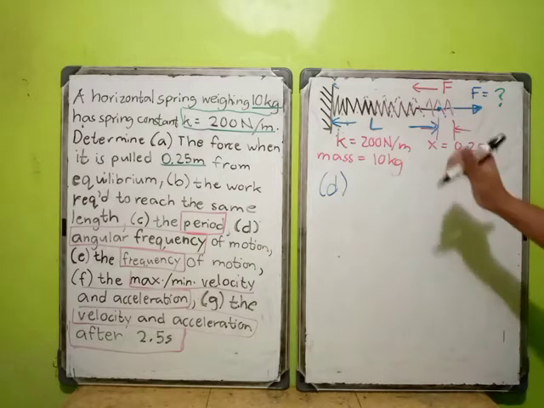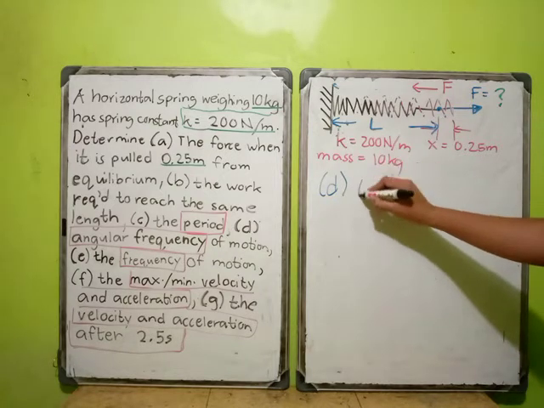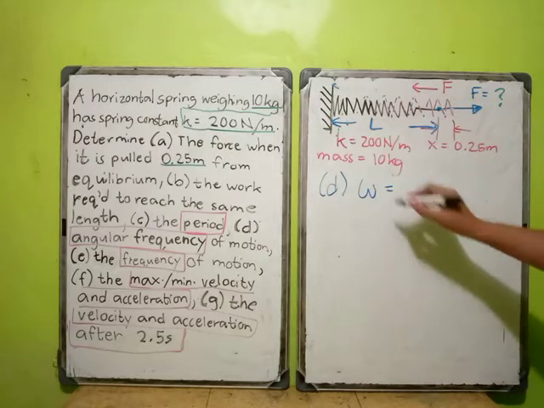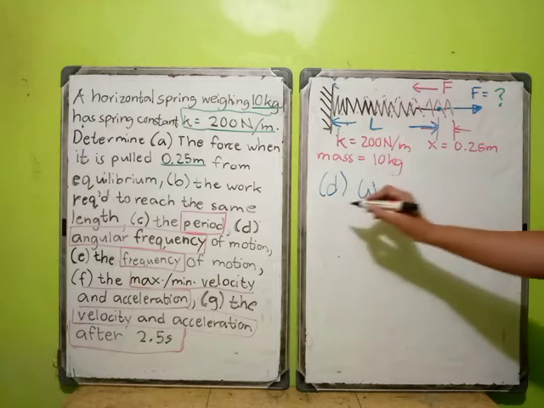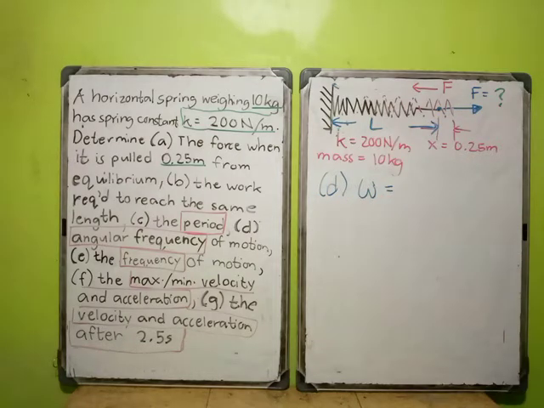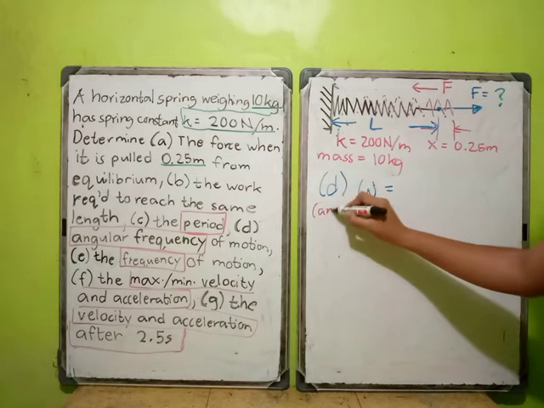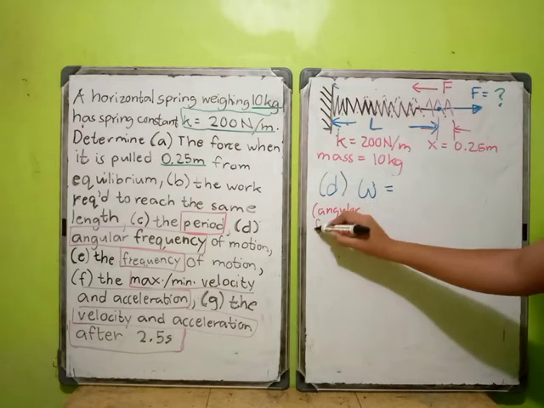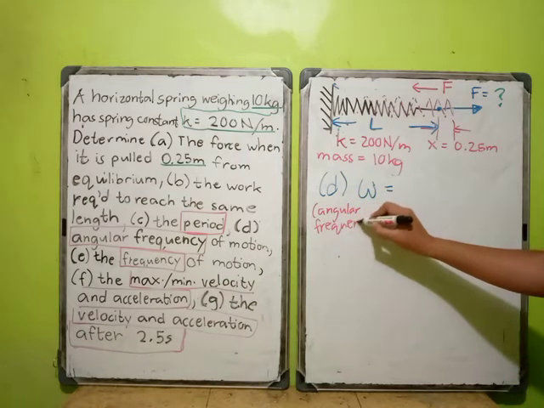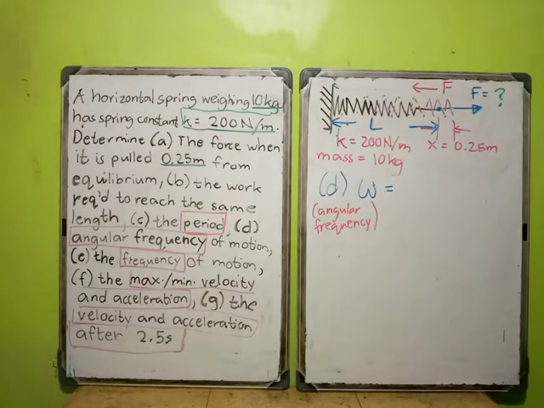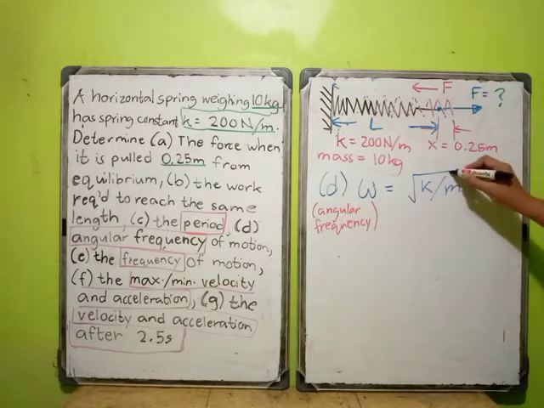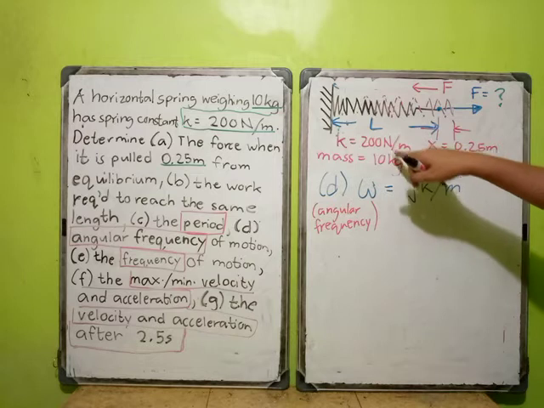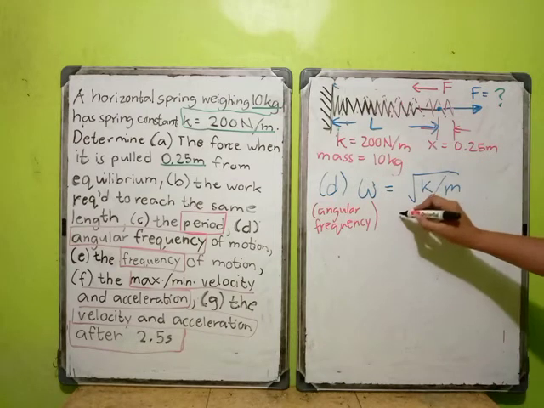So the angular frequency or the omega, so this is the angular frequency. So the angular frequency is actually equivalent to square root of K over M. So ang K dito is ito, and then divided by mass.